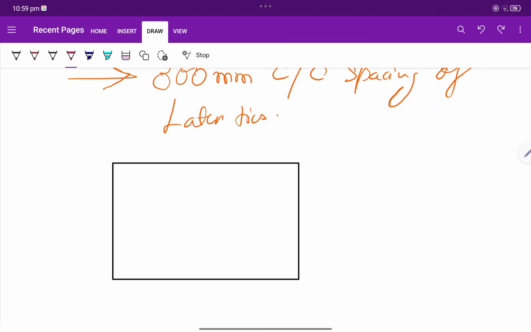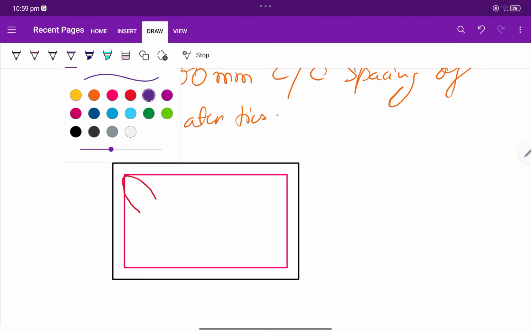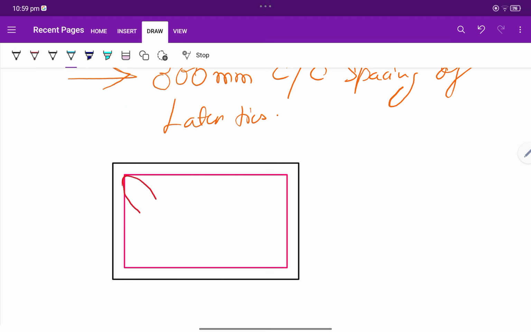We are taking a small one inside this, and this red color is our lateral ties. Now we will draw our bars. For this column, we have 4 of 20 dia and 4 of 16 dia.